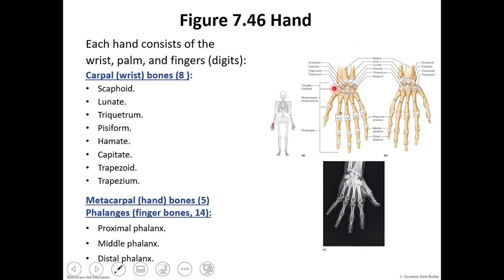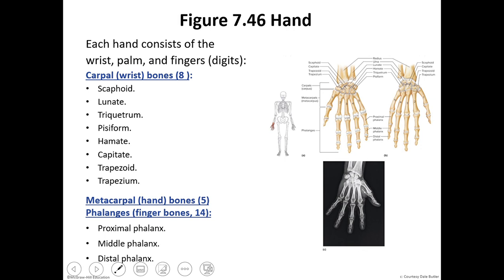So which bones are on the radius side and which bones are on the ulna side? Remember, the radius is on the thumb side. So you have the scaphoid, the lunate, triquetrum, pisiform, depends on who's saying it, hamate, capitate, trapezoid, trapezium.